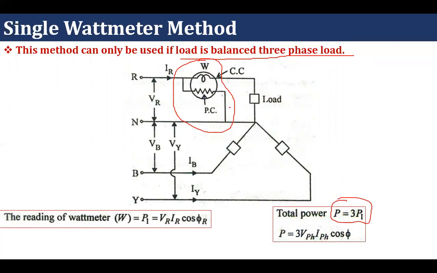Whatever is the reading of this wattmeter, we multiply by 3, and then we say this is the total power in this three phase load. So this method can be used only with a balanced load. Obviously the wattmeter will be connected between a line and neutral, and whatever reading we get, just multiply by 3, and that will give the total power consumed by this three phase load.